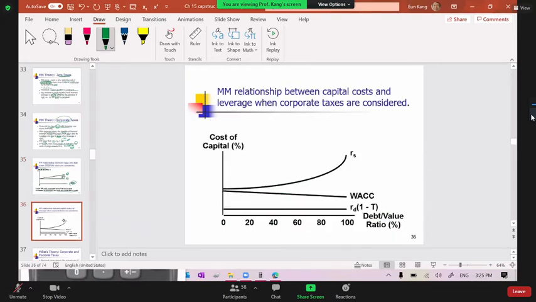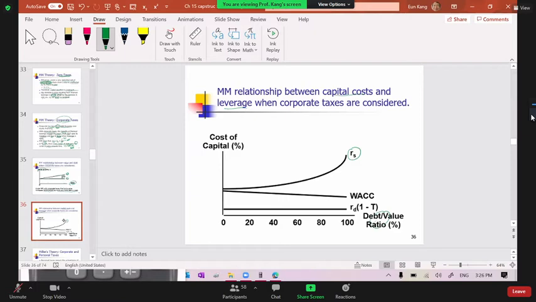And then this one. If you compare the relationship between capital cost and leverage, then what? When you borrow money, so this is debt ratio, debt over value. If you borrow money, RS goes up, right, because of risk.